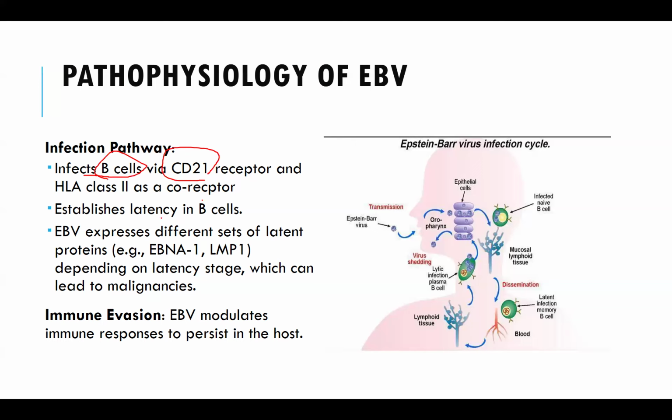So this virus, after it has infected your B cells, will express particular proteins that will protect it from the cytotoxic effects of your immunity. The first one is a protein that we call Epstein-Barr nuclear antigen 1, and the latent membrane protein 1.